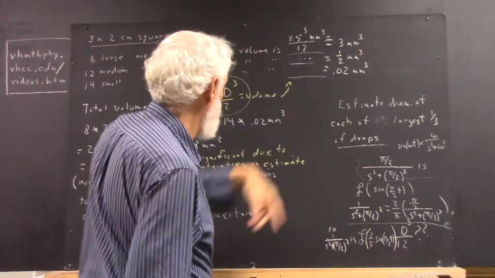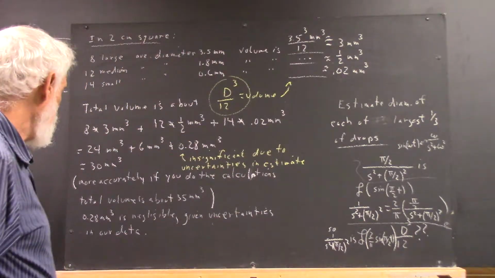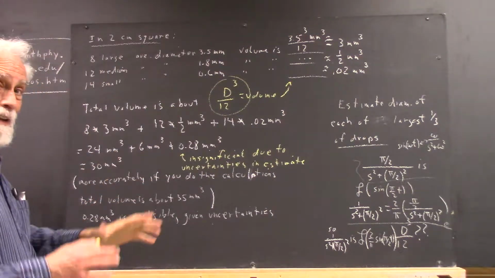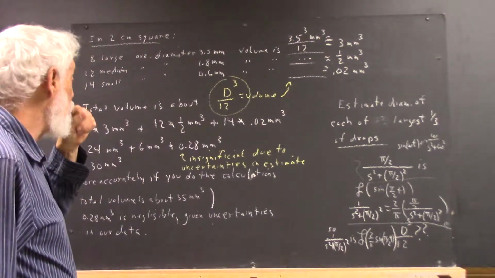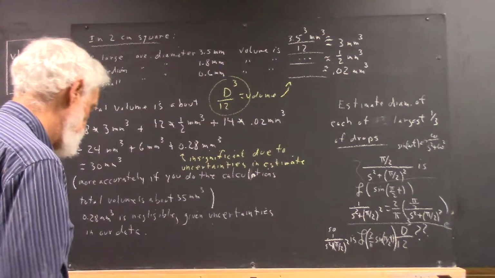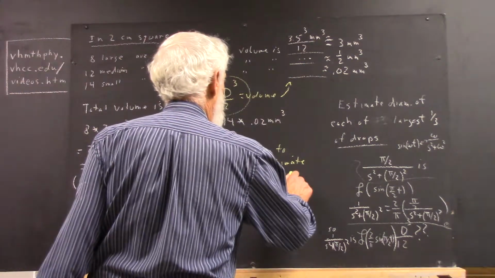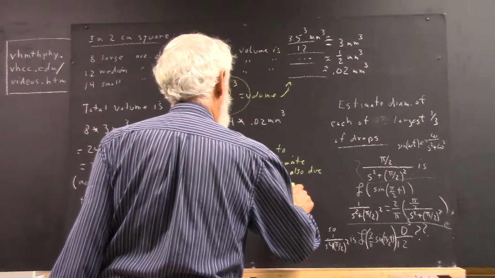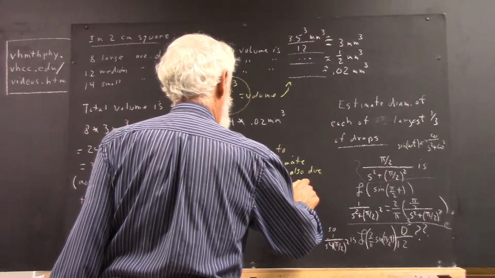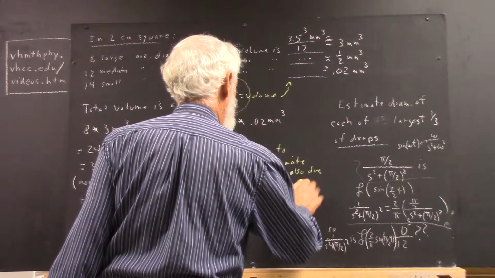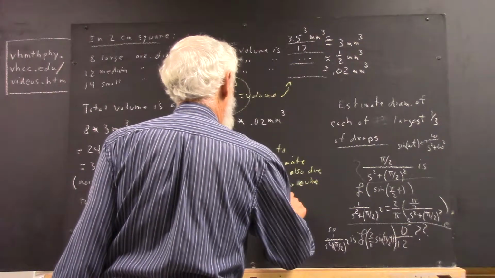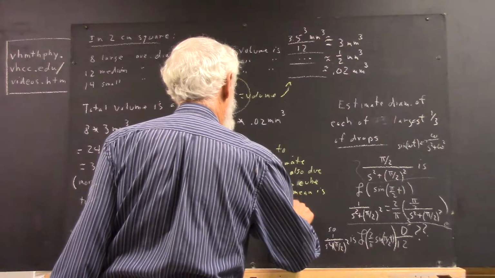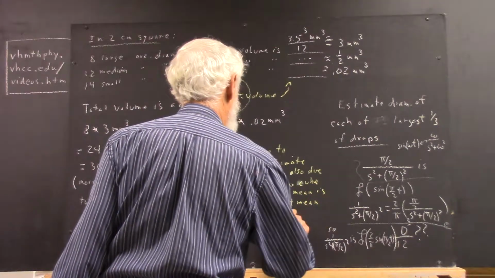And this 0.02 and all those 0.02s aren't going to make much difference. You could even argue that the 6 cubic millimeters that we get from the 12 mediums is not all that significant, but we're going to include that. Okay. And I'll say also, due to the fact that the cube of the mean is not the mean of the cubes.